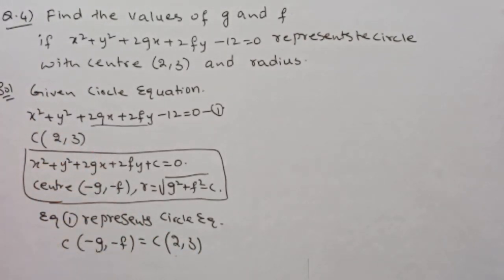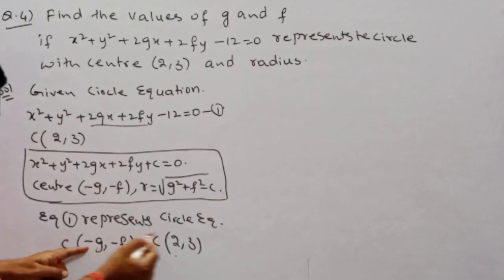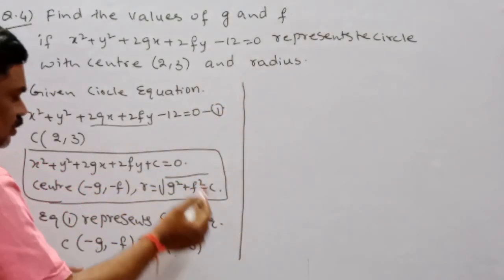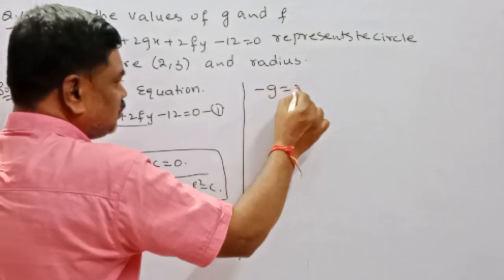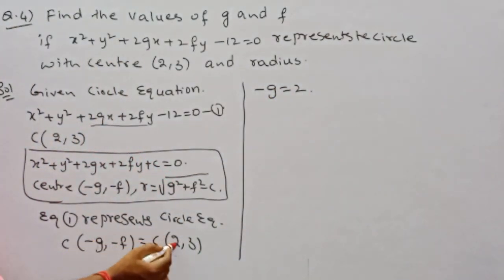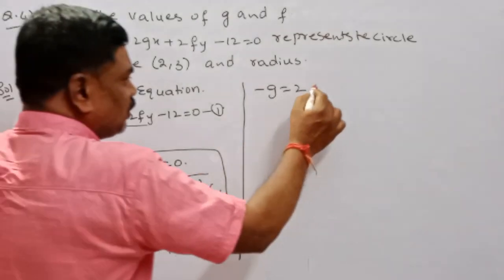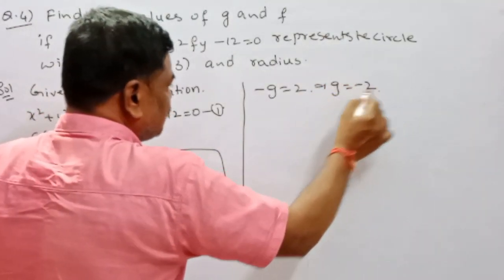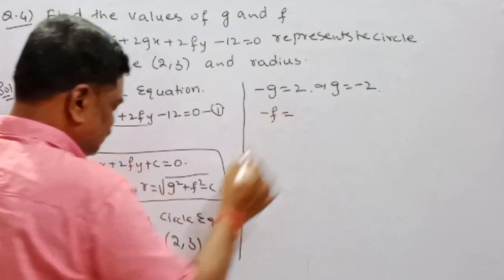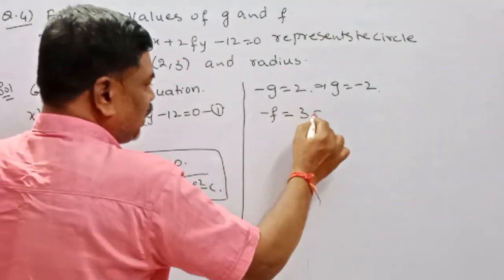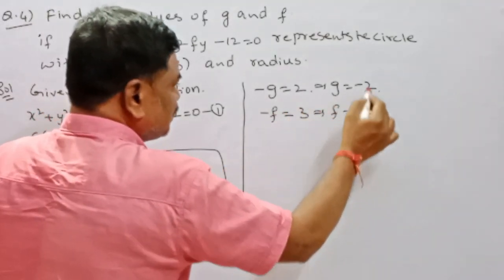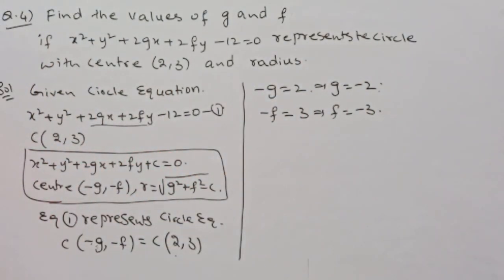So minus g is equal to 2, equating x terms, and g is equal to minus 2. Minus f is equal to 3 implies f is equal to minus 3. These are the g comma f.